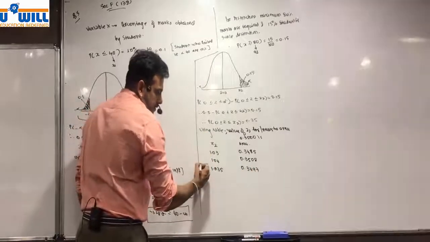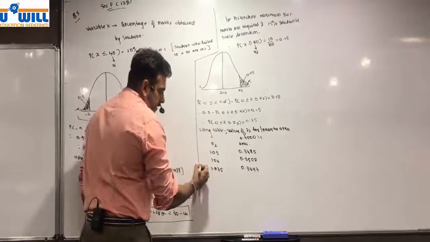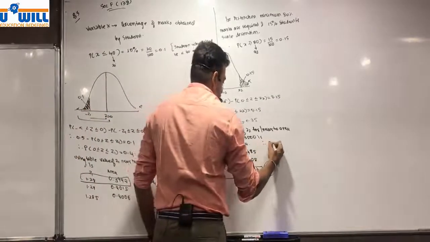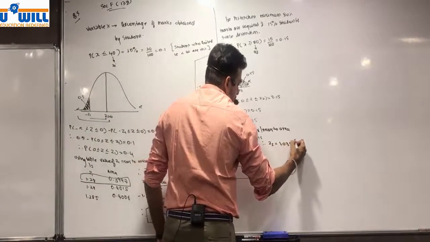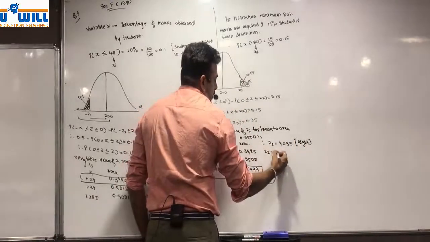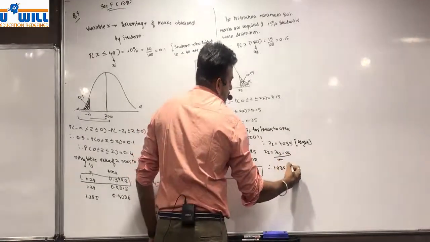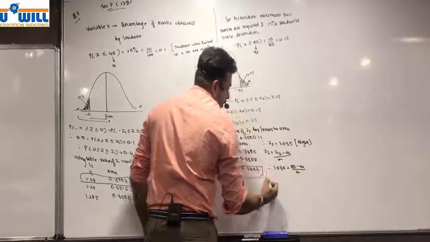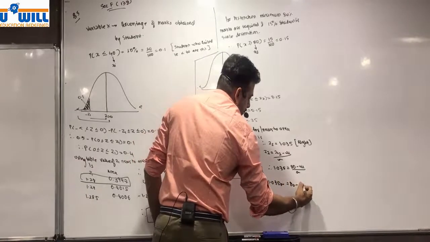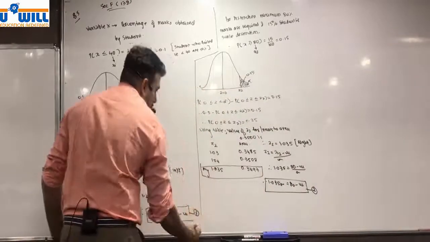What is the nearest? 1.035 is the nearest. Therefore, Z2 is equal to 1.035, positive because it's to the right. So Z2 is equal to X2 minus mu upon sigma. Therefore 1.035 is equal to 80 minus mu upon sigma. Therefore 1.035 sigma is equal to 80 minus mu. Equation number 2. This is equation number 1.